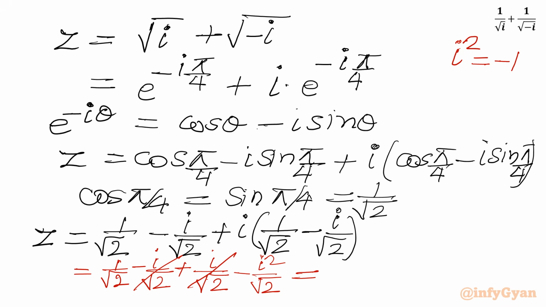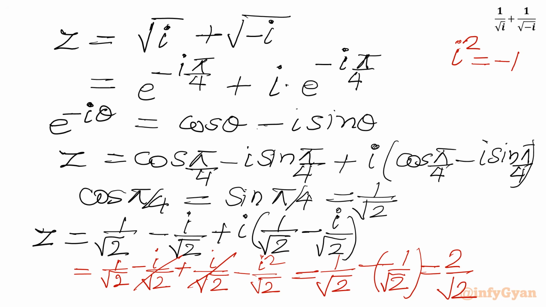So we will get 1/√2 + 1/√2, which gives us 2/√2, which will be equal to √2 once we rationalize the denominator.